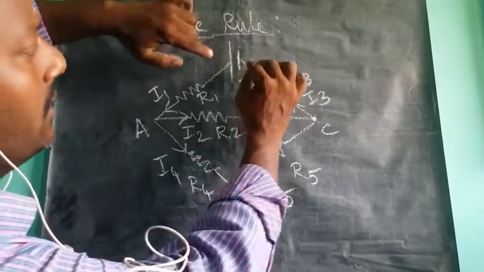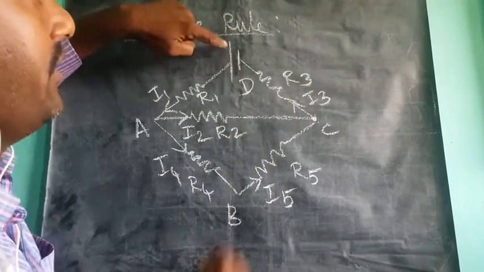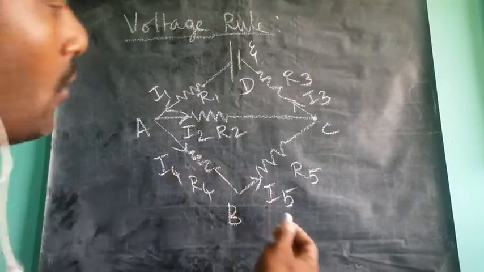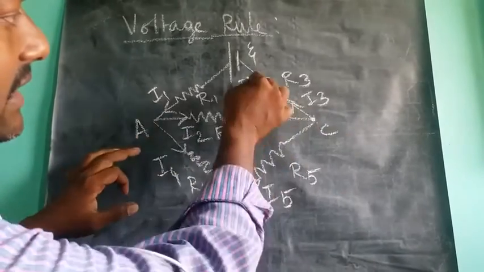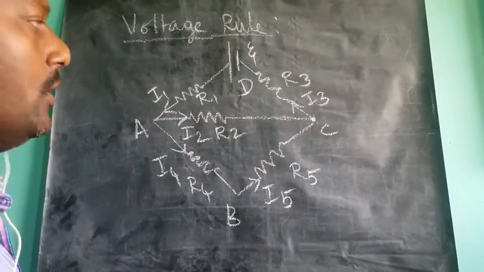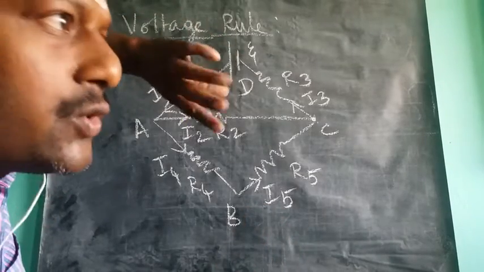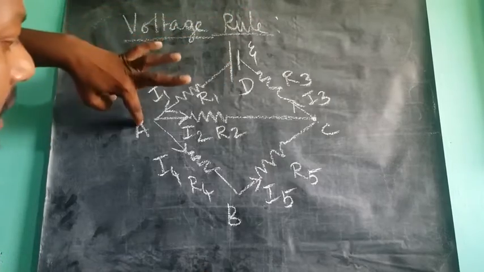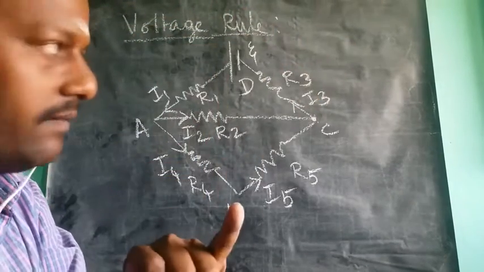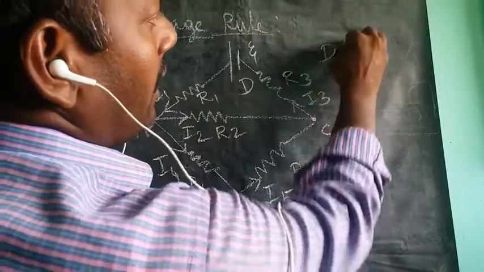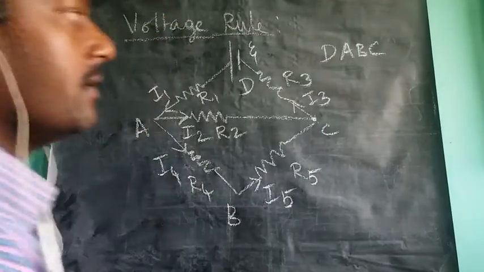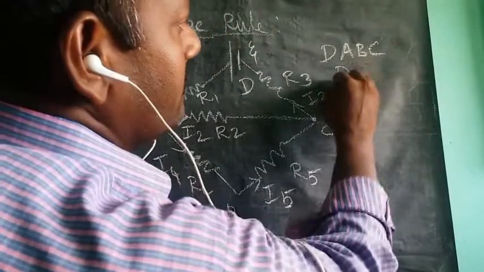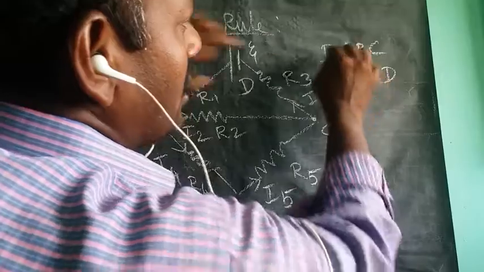Here I have the battery having an EMF E. Here I have the closed circuit A, B, C, D. In this I can take two or three different closed circuits. The first one is DABC, and another one is DACD.